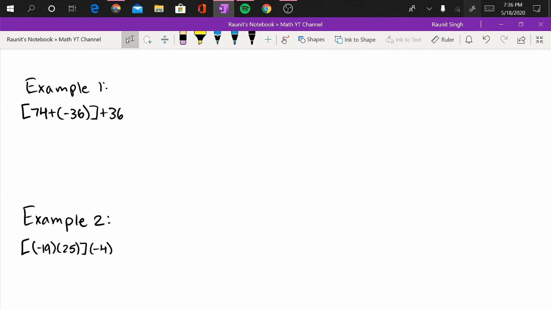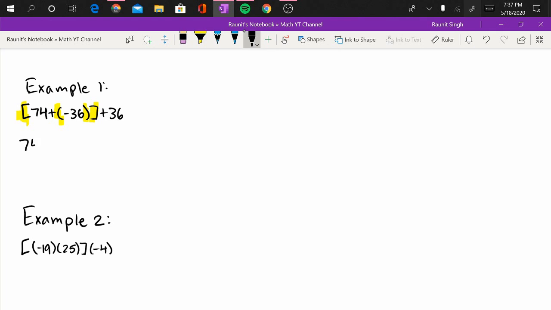So let's move on to our first example. We have 74 plus negative 36 plus 36. So we know that 36 minus 36 is equal to 0, right? So now let's apply one of the properties that we know, the associative property, and shift these parentheses over to include the positive 36 so that we can get 0.